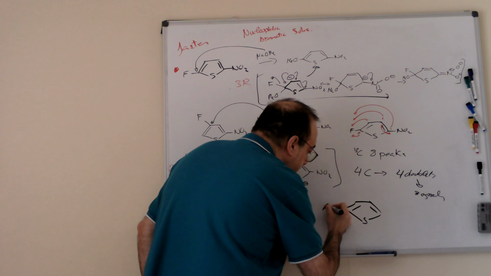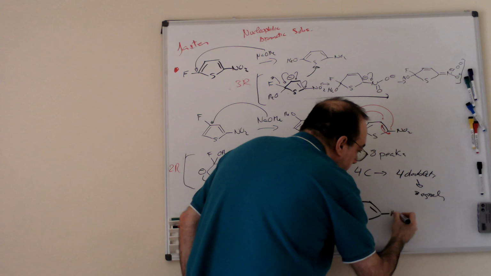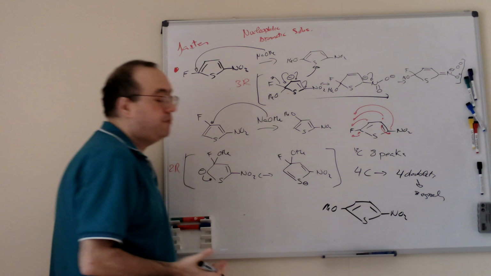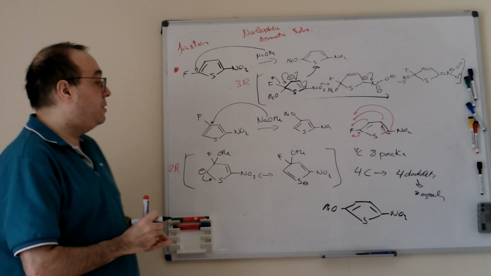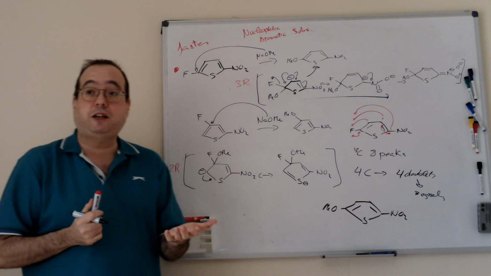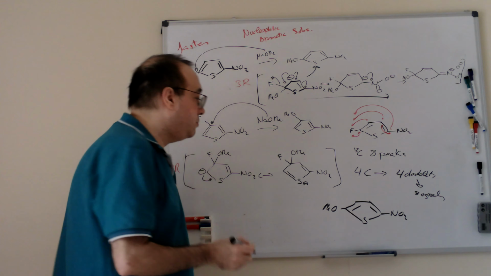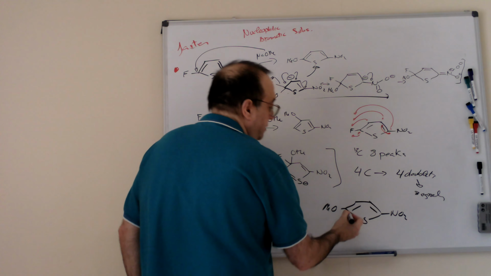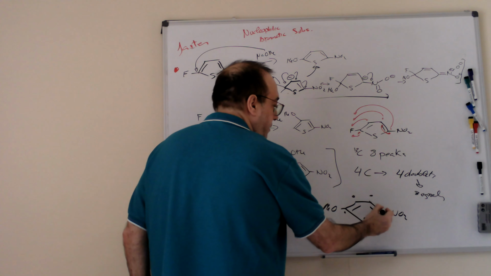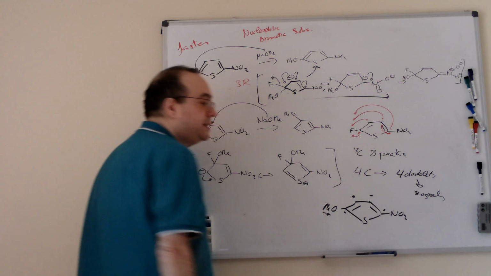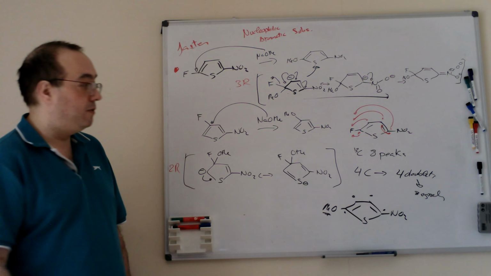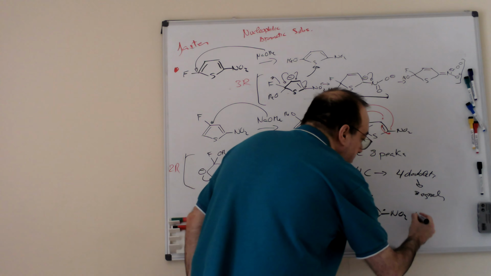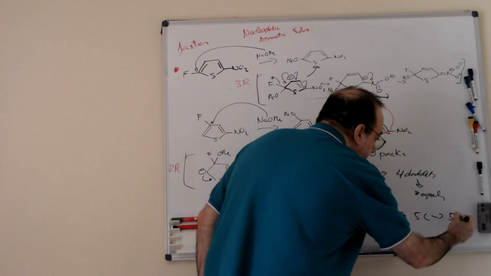This compound, and now we see 5 peaks. Okay, we don't have fluorine, that means that the carbons are not coupling with fluorine, and how many carbons do we have? 1, 2, 3, 4, plus the methoxide, 5. 5 carbons, no couplings, 5 signals.